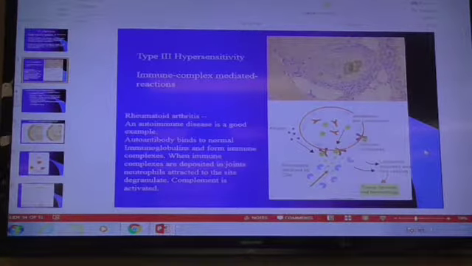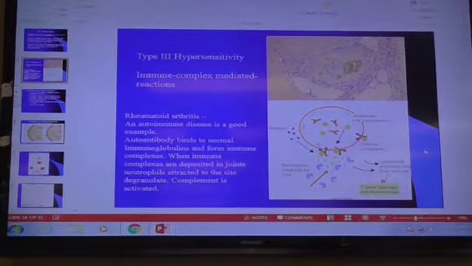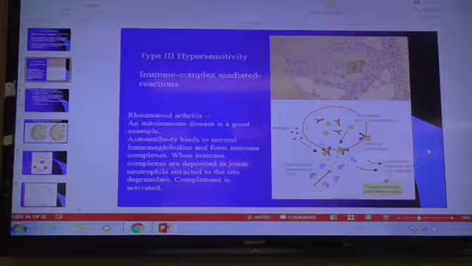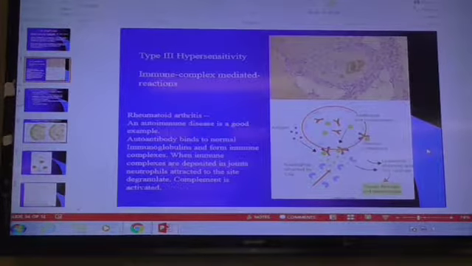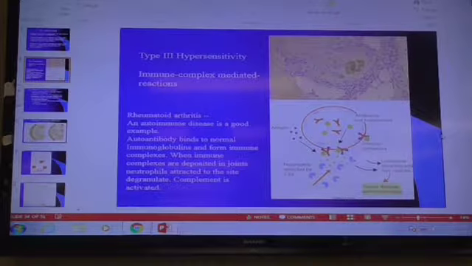Some drugs, as we know, can cause anemia. They can bind to the red blood cells and initiate antibody-mediated lysis. Another good example is incompatible blood transfusion. If you don't match the blood groups and transfuse blood, it can lead to lysis of the red blood cells.